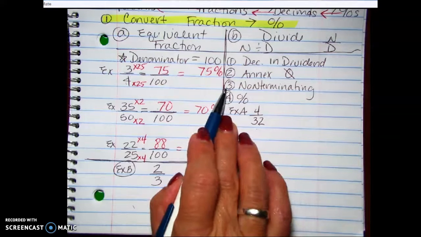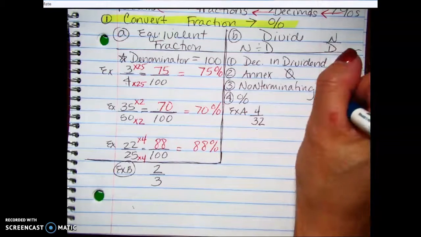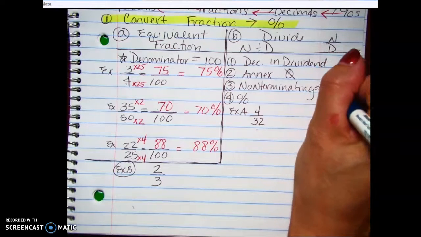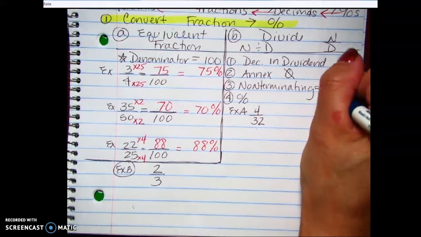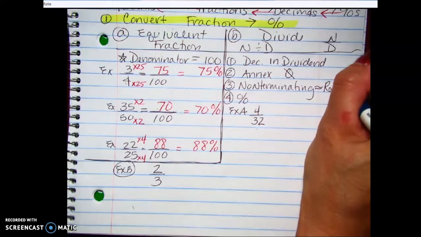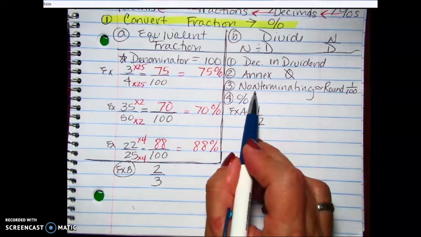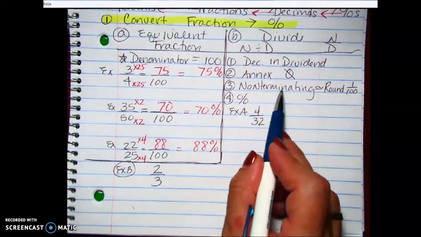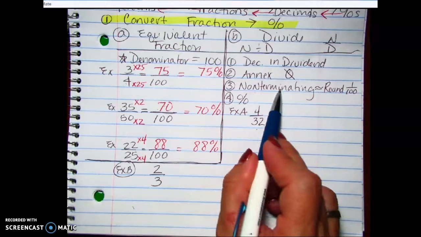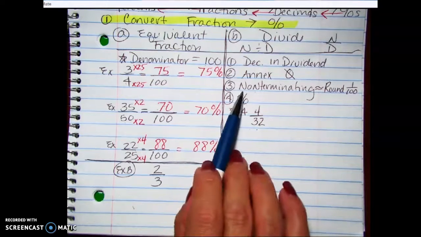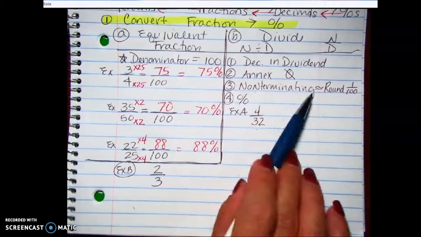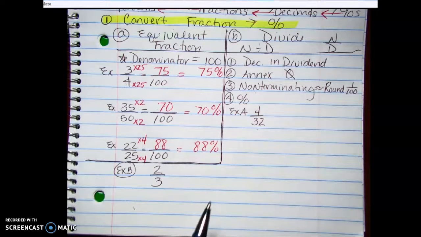Now this is possible, but not always. So if it's non-terminating, you have to round to your hundredths. Round your decimal to the hundredths place value. Okay, non-terminating means not ending, does not end. Sometimes they end, but if they don't, you have to round to the hundredths place.